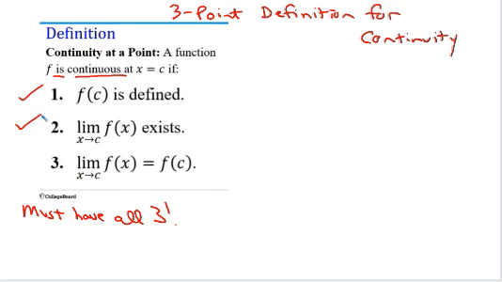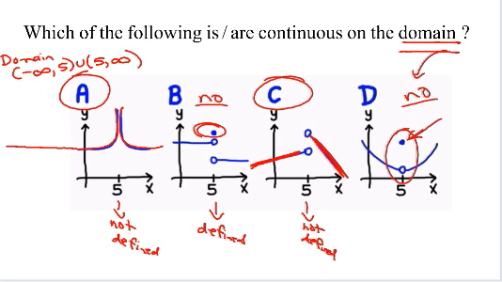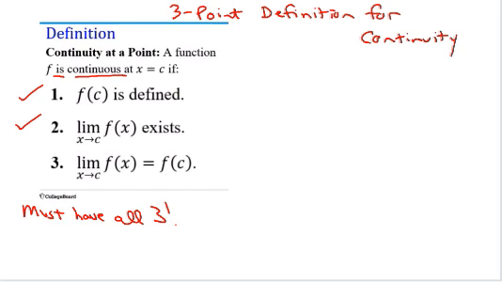The limit as x approaches C exists. That also has to be the case. Let's go back to our letter D again. Does the limit as x approaches 5 exist? It sure does. It's looking like this one could be continuous. It has 2 of the 3. What's the third one?